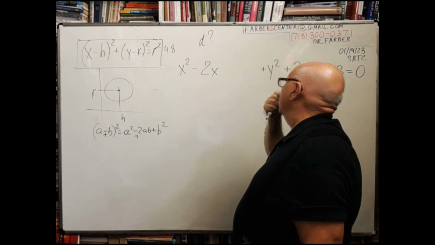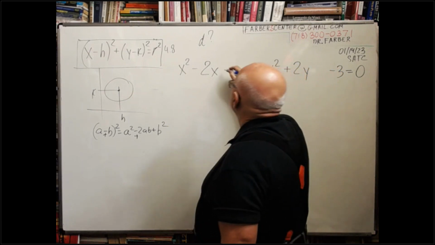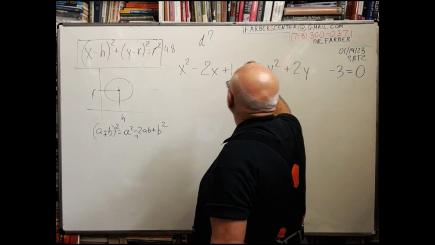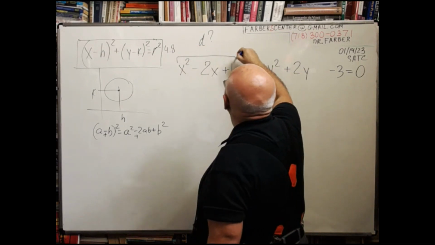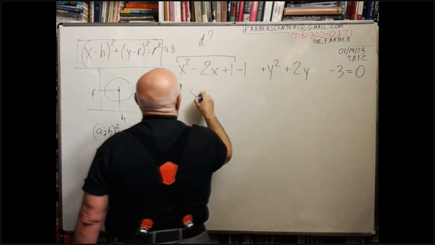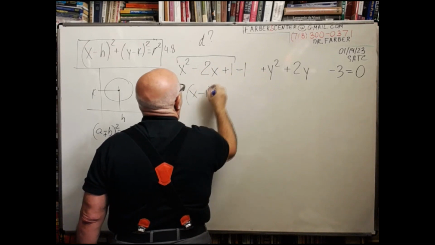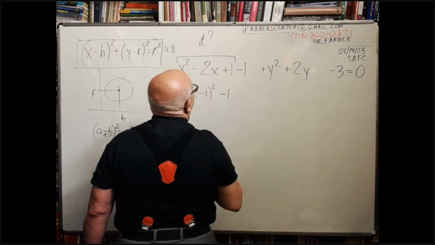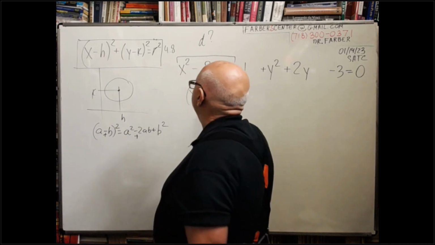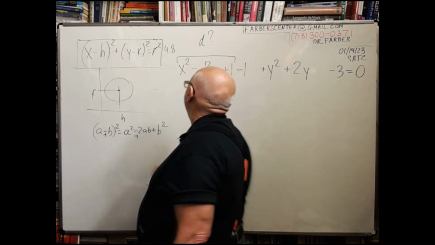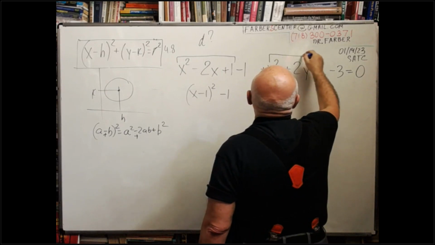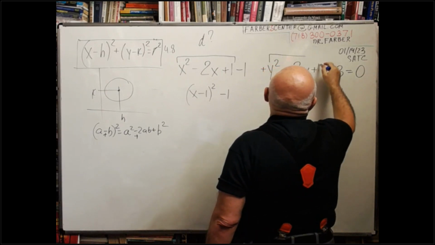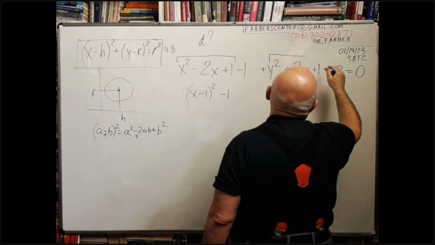How to do this? Okay, plus 1 and minus 1. Why? Because this complete square would be x minus 1 to the second power minus 1. And I have kind of this one. Plus, complete this square. Plus 1 and minus 1.